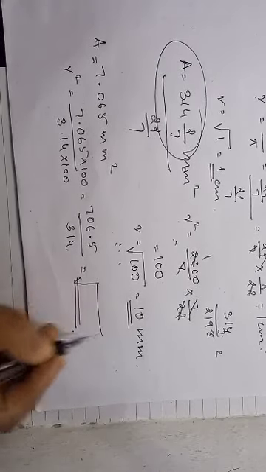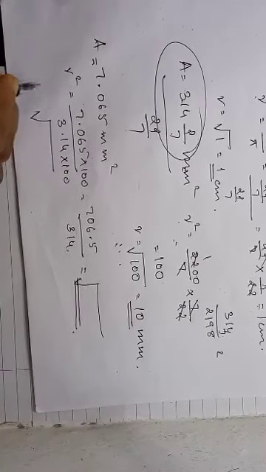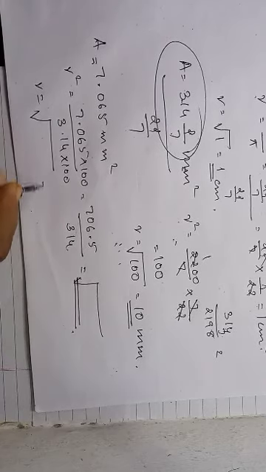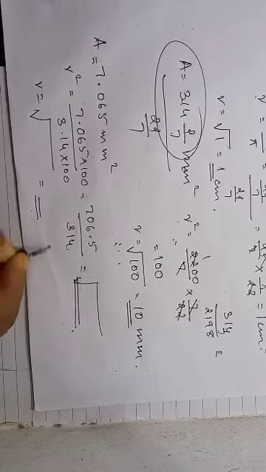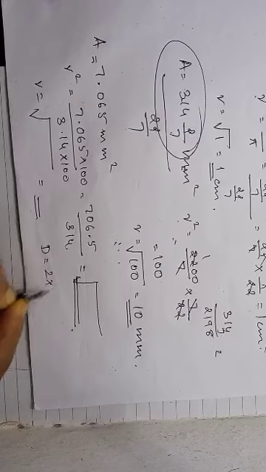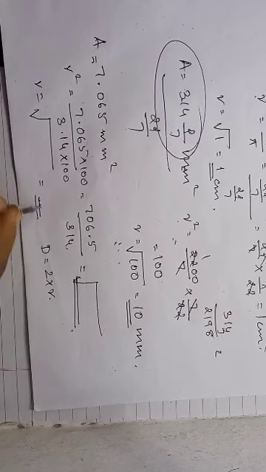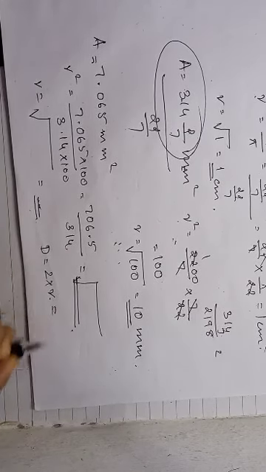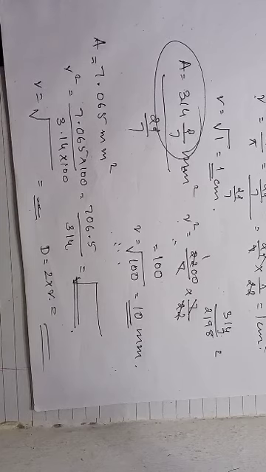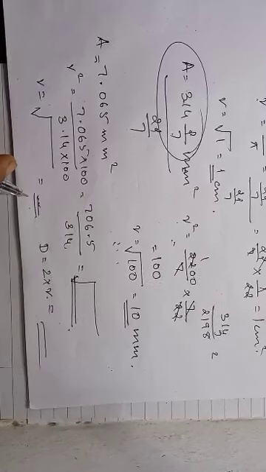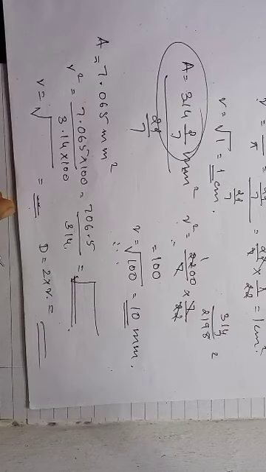Then take the square root of the number to get r. Then diameter d is equal to 2 into r. Multiply this number by 2, you will get the diameter. Diameter is twice the radius. Here they are asking for the diameter. Okay, this is the easy way to find it.